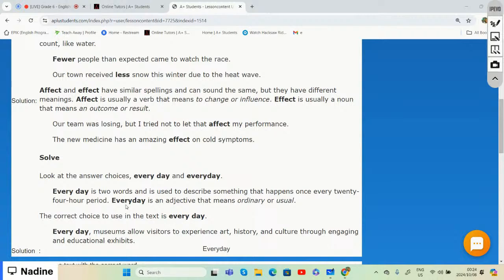Here it says we have everyday and every day. So basically, it's almost like the word is split into two. That is every day.